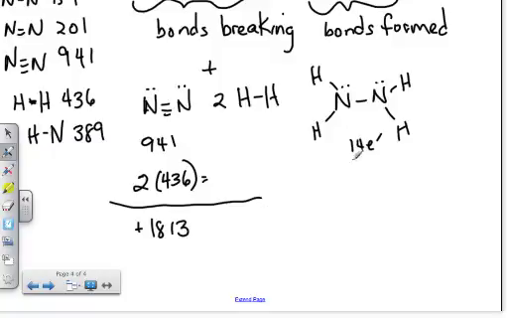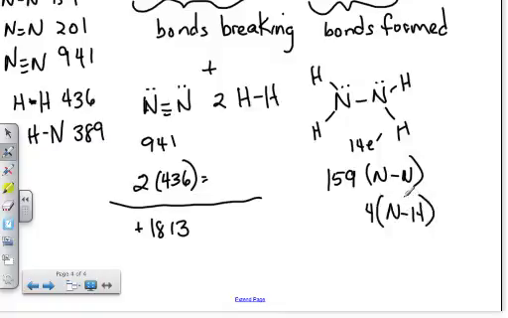All right? Over here, I am making 1 nitrogen-nitrogen bond, so that is 159. And I am making 4 nitrogen-hydrogen bonds. You really have to draw the Lewis dot structures to see this. And that's 4 times 389.